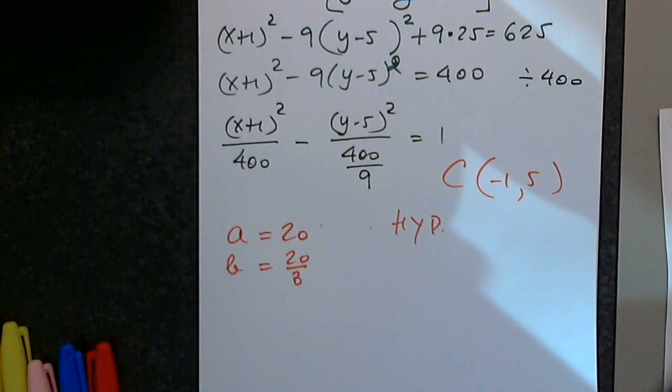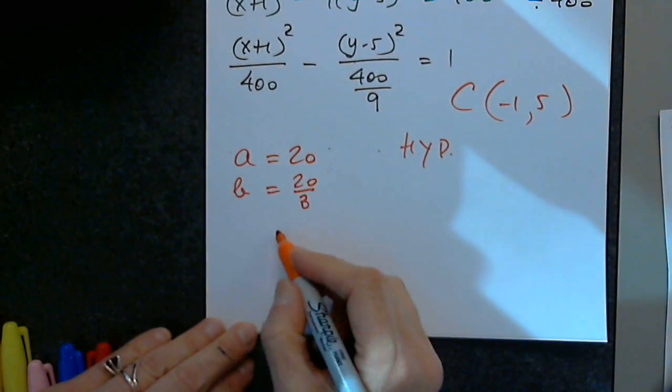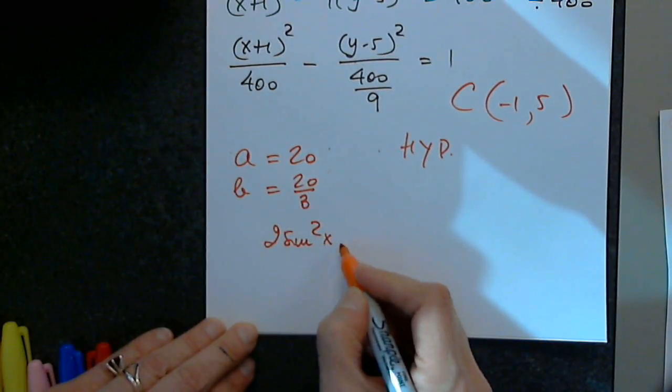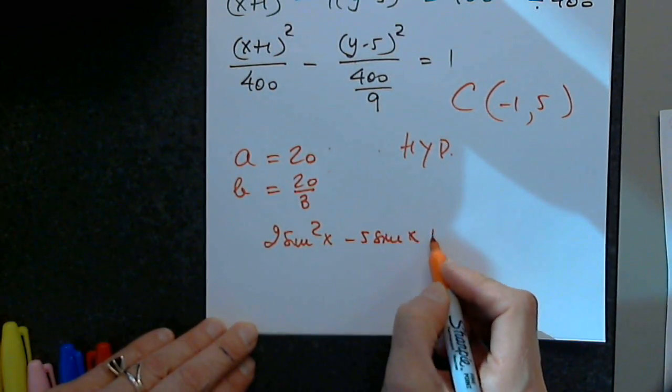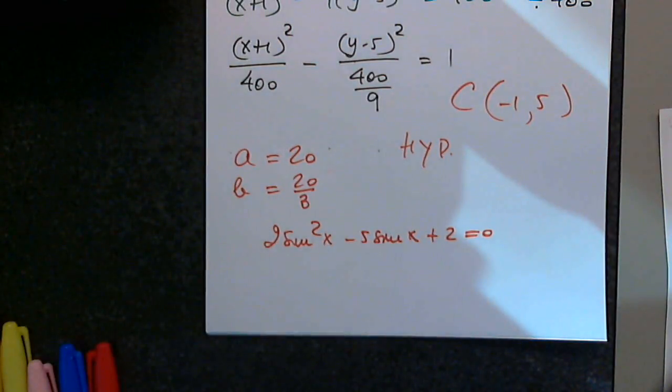2 sine squared x minus 5 sine x plus 2. Yes, I know it's a trig equation.